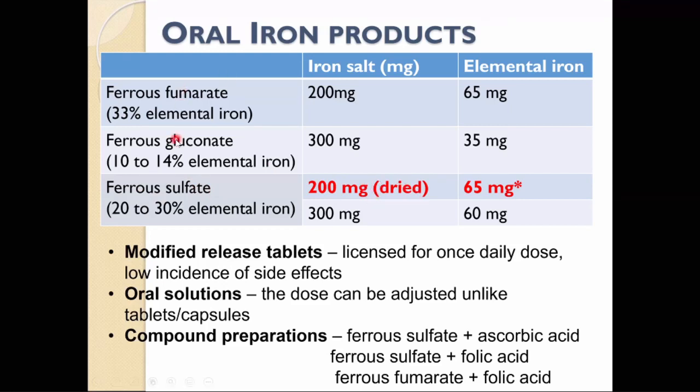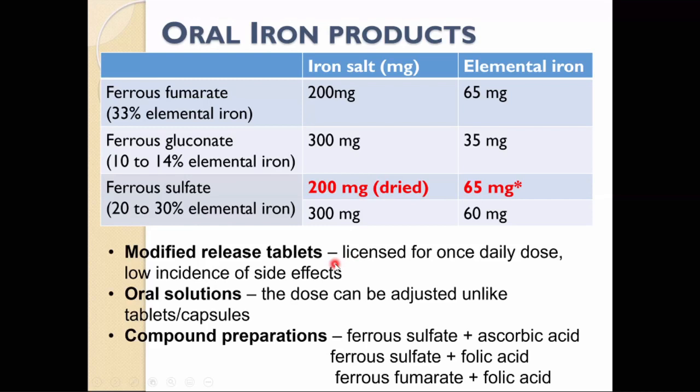Ferrous fumarate and gluconate themselves are not available, but there are ferrous fumarate and gluconate in combination with other vitamins and minerals. So what we have is mostly ferrous sulfate. When you look at the amount of iron salt, the elemental iron present in it differs. In ferrous sulfate, 200 milligrams contains about 65 milligrams of elemental iron.